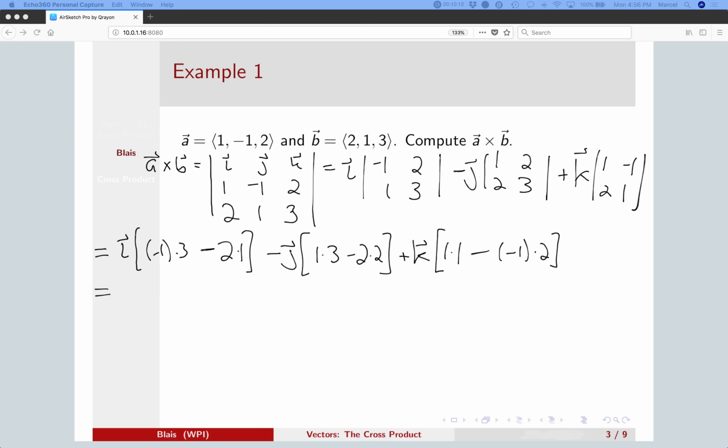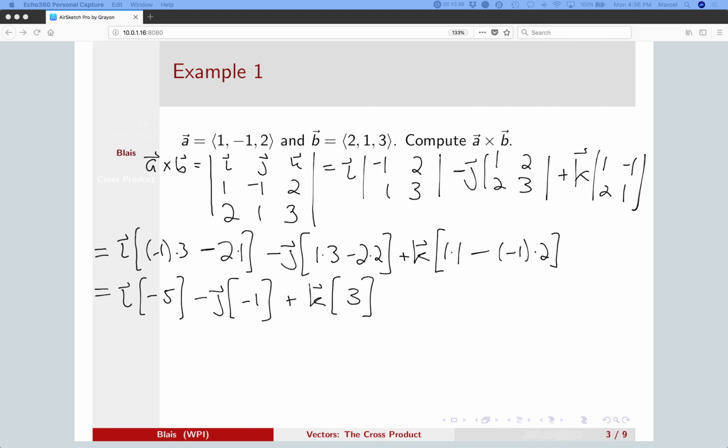Simplifying, we have I times, we have minus 3 minus 2, so we have a negative 5. Minus J, we have 3 minus 4, so that's a negative 1. Plus K, 1 minus minus 2, so 3.